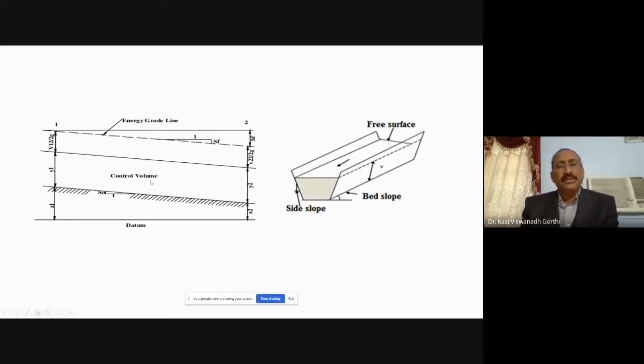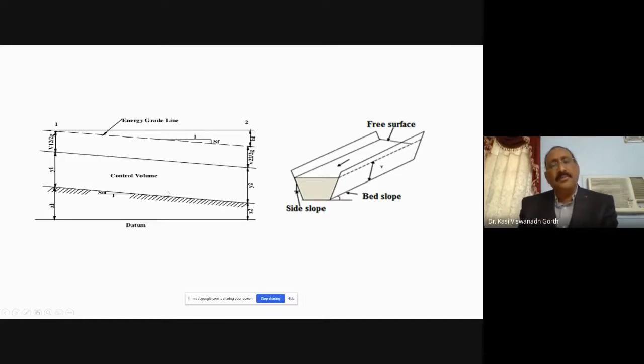And of course, I need to introduce a term like control volume. You know very well we have several approaches, like the control volume approach and the system approach, for analyzing our fluid flow problems. So we'll be adopting a control volume approach. This is a volume which is formed between any two sections through which the flow is taking place. For example, this is a longitudinal section of a canal.